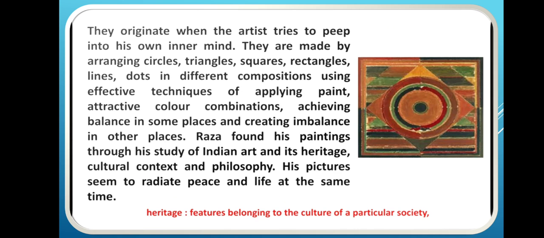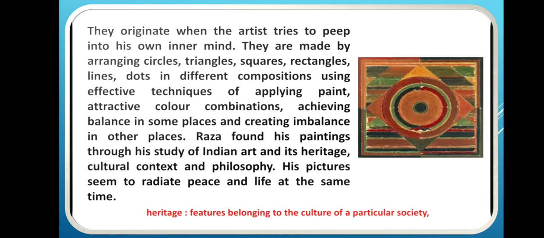So they are made by arranging circles, triangles, squares, rectangles, lines, and dots in different compositions, using effective techniques of applying paint. Whatever idea was coming into Syed Raza's mind, he was using different geometrical shapes, like circles, triangles, squares, rectangles, lines, dots, and applying different colors.